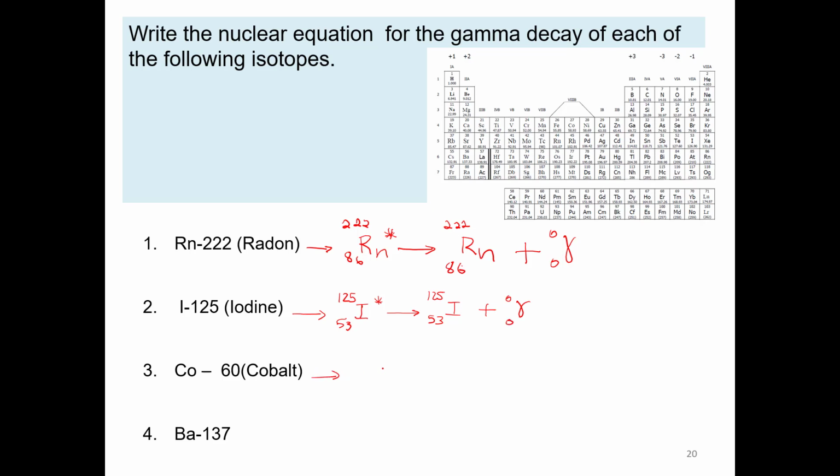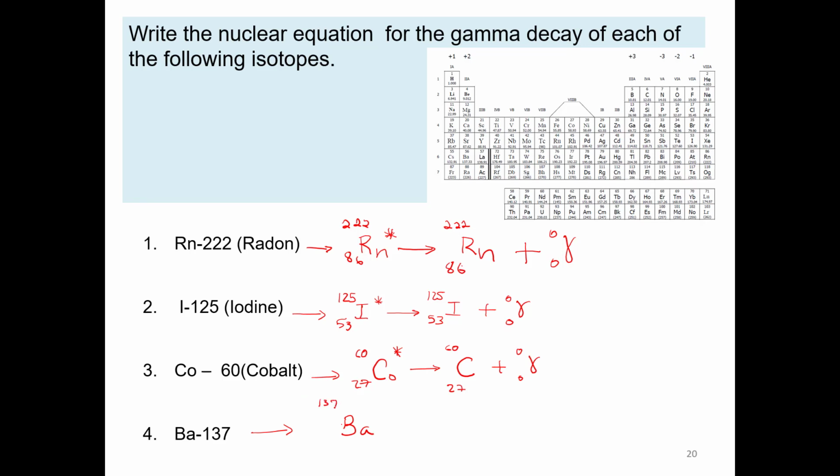In the case of cobalt, 27 is cobalt. This is here 27. This is the excited state, and to be more stable, it releases gamma radiation, and now we have the same isotope but more stable with lower energy, plus gamma radiation.